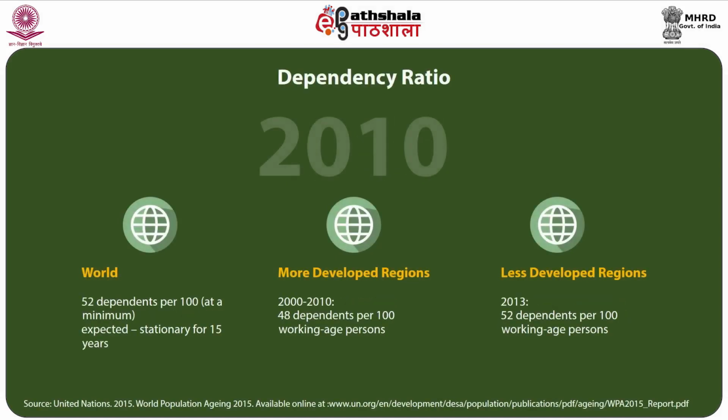While the situation changed during the period of 2010, where it came down to 52 dependents, in the more developed regions it is as low as 48 dependents, whereas in the case of less developed regions, it was 52 dependents per 100 working age persons.